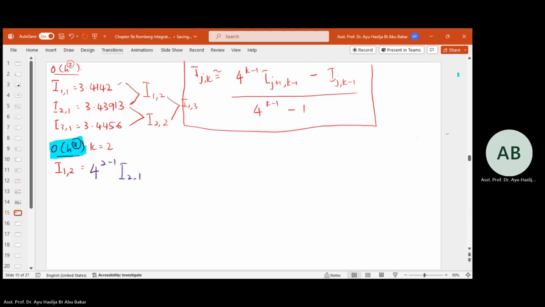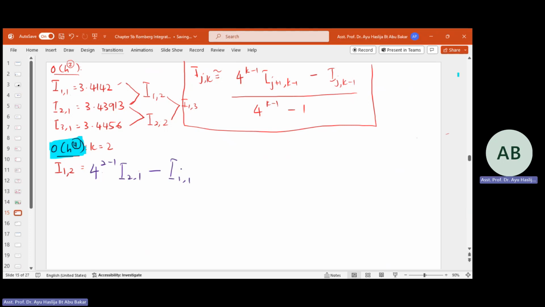J plus 1 here equals 2, k minus 1 equals 1. Okay, minus I(j), the one that we are doing, j 1, k 1.